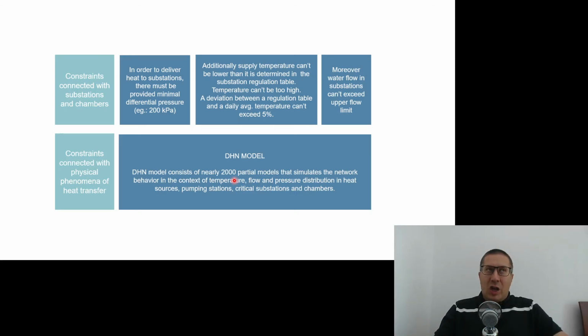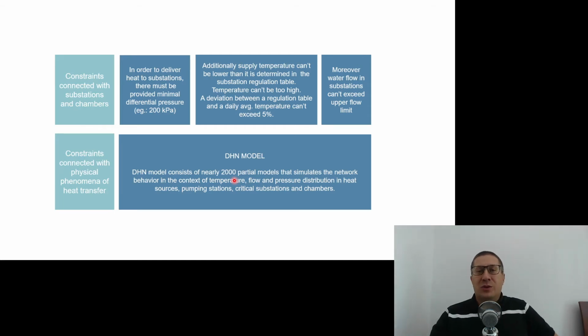And if we want to say that the heat will be delivered to the end user for a given water temperature, we need to check that the pressure difference in the substation is higher than some minimum value, right? Because otherwise we are risking that there will be no flow through the heat exchanger.